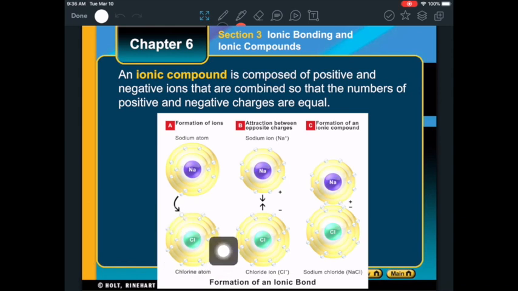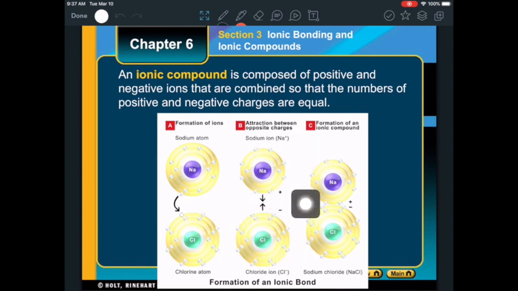And as you know, almost all atoms that we're going to talk about in this class, because it's grade 10, have 8 electrons on their valence shell. But you see, chlorine has 7, so he's missing just 1. So the easiest thing you can think of doing is that sodium will give his 1 electron to chlorine, and when this happens, sodium now has a full 8 electron valence shell, and so does chlorine.